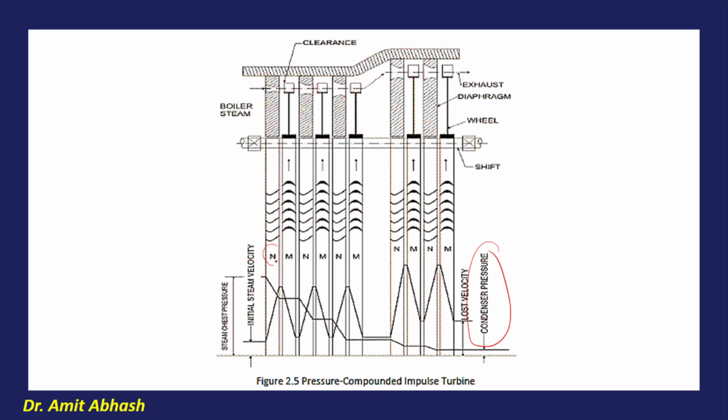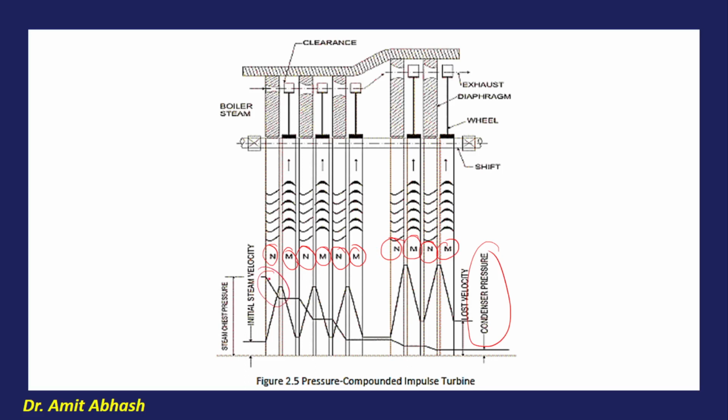This is N for nozzle, M for moving blade. Here it is nozzle, moving blade, nozzle, moving blade. A series of nozzles and moving blades we utilize for the multi-staging. Okay. So here it is nozzle, moving blade, and whenever steam passes through the nozzle, the pressure drop you can see easily.